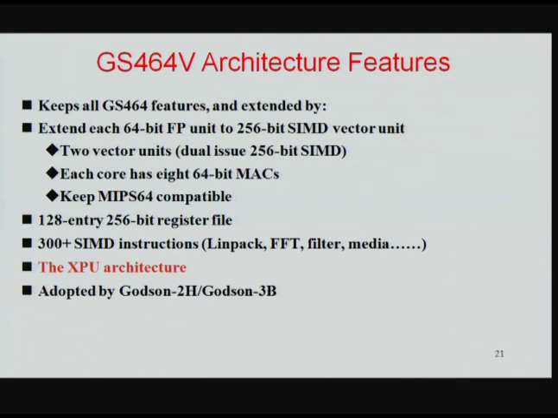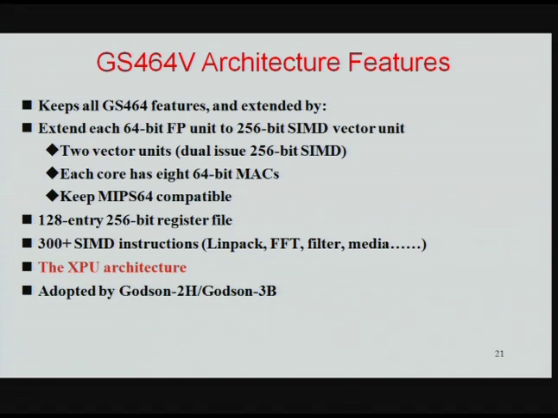The architecture is based on 464. It keeps all 464 features and extends each 64-bit floating point unit to a 256-bit SIMD vector unit. We have dual 256-bit SIMD, which means each core has 8 64-bit MACs.